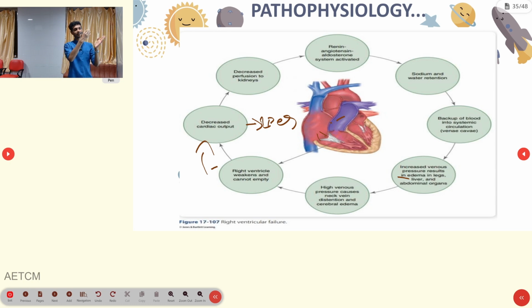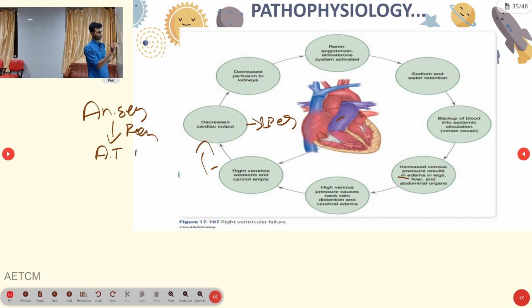It will activate the compensatory mechanism, that is the renin angiotensin aldosterone system. The system is like this. Angiotensinogen in the presence of renin gives angiotensin 1, and then in the presence of angiotensin converting enzyme you get angiotensin 2.